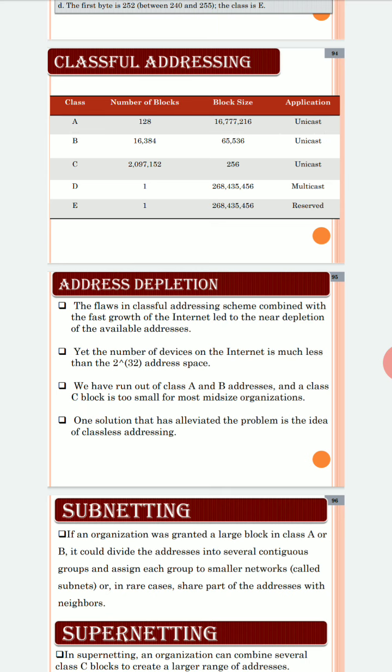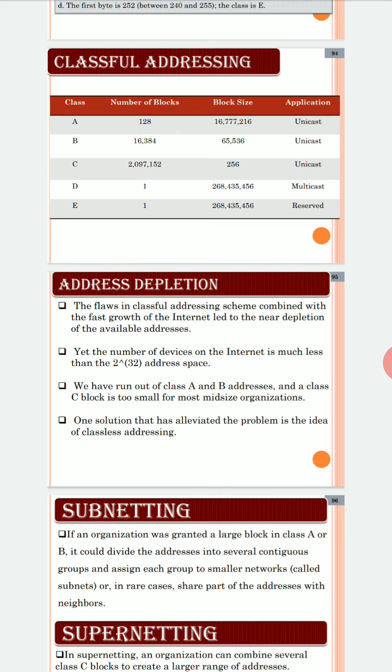Having more than 1 crore devices in one particular organization is just imagination. Most companies will not have more than 1 crore devices, so a lot of addresses will be wasted in class A and class B addressing.